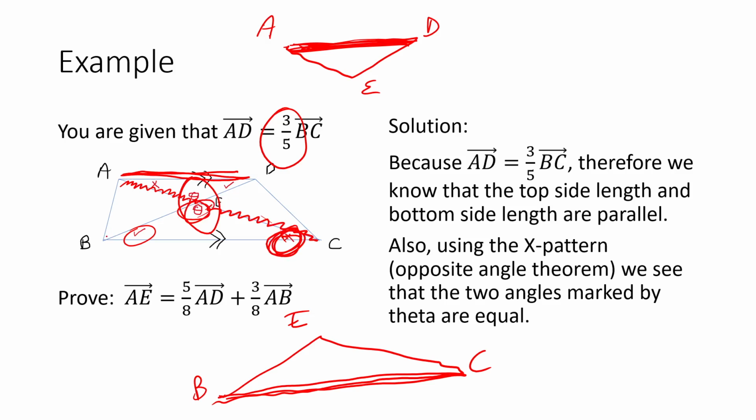And then if I look at one more, I'll draw another one, I'll make it bold. If you look at this bold line on the bottom triangle, that's between the check mark and the theta.